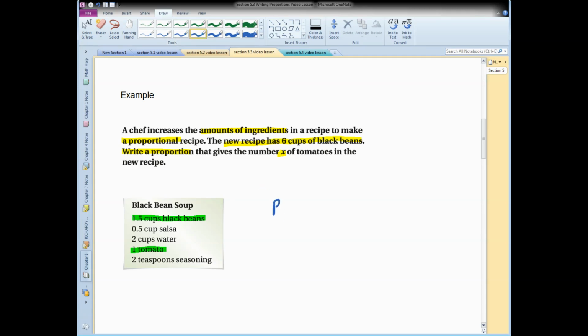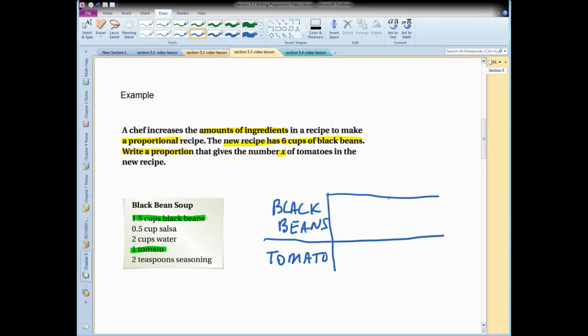Maybe I have black beans here, and maybe I have tomatoes here. Some people say tomatoes. I draw a little line there. What do I know? I have 2 different recipes: the old recipe and the new recipe.